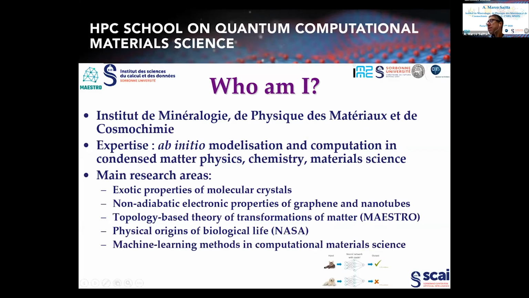And then something which is really the latest part of my research is using machine learning methods for computational material science, because we just created in Sorbonne a big center for artificial intelligence, and this project is under the influence of this Sky Center.